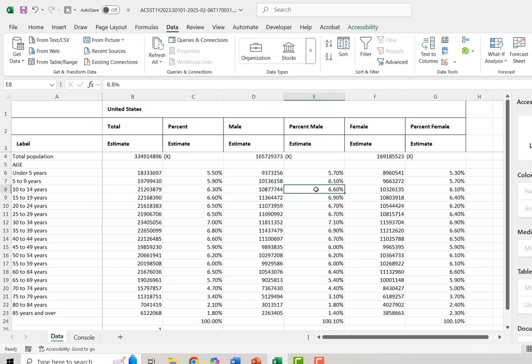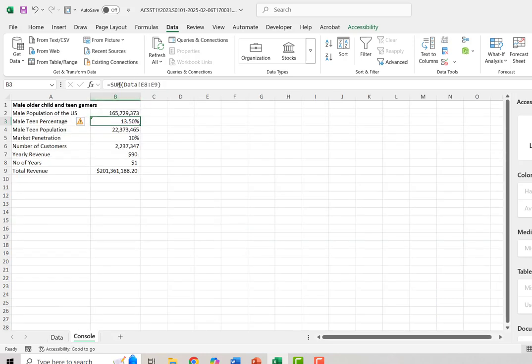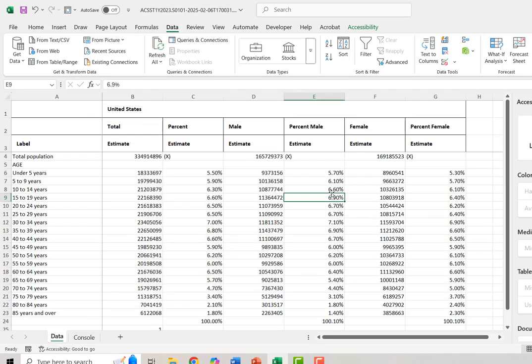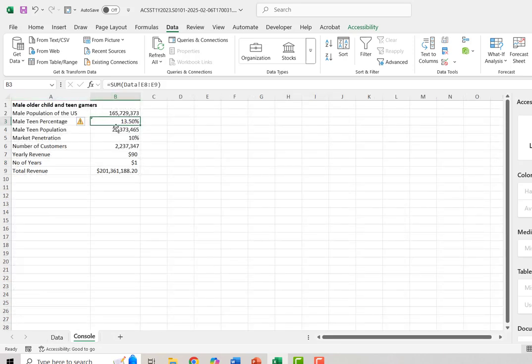For males, we know that 6.6 is in 10 to 14 and 6.9 is in 15 to 19. So we're going to take data E8 and E9, this one and this one added together, which adds up to 13%. Then we multiply our original male population by the 13%, which gets us our revised male teen population of 22.3 million.